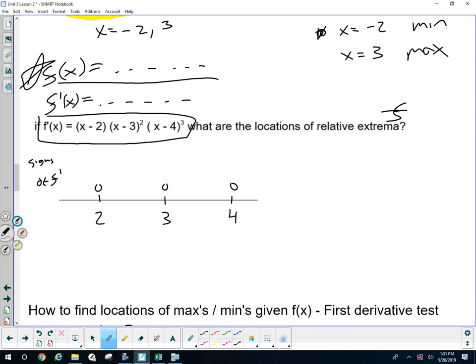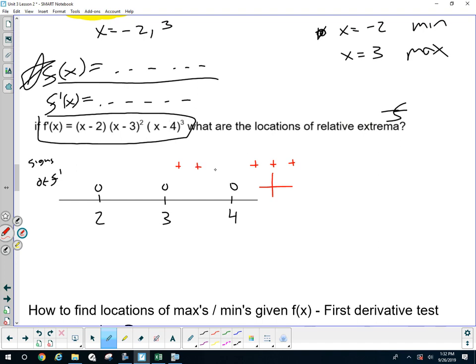Ready? 5. 5 minus 2, positive. 5 minus 3 squared, positive. 5 minus 4 cubed, positive. Easy. 3.5, positive. Always positive. 3.5 minus 4 is a negative.